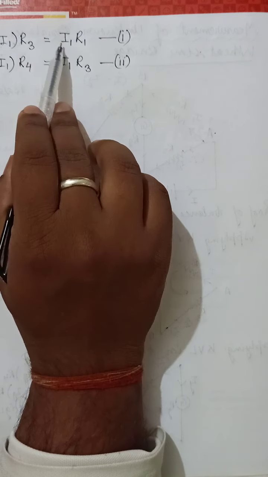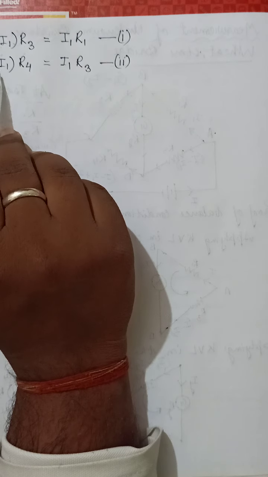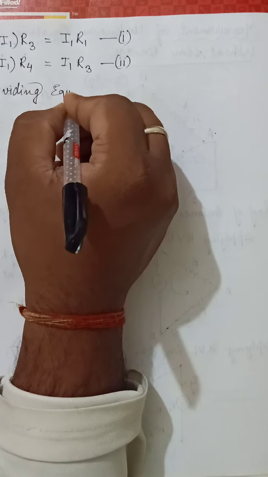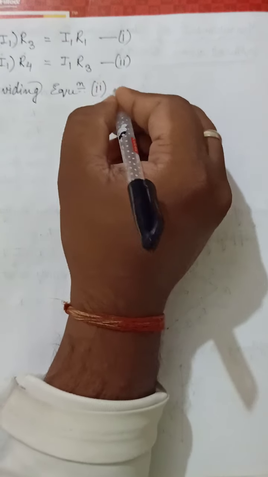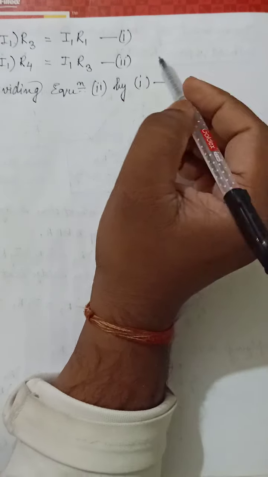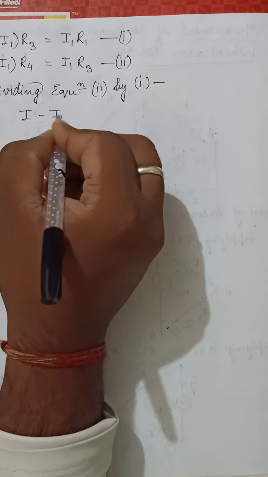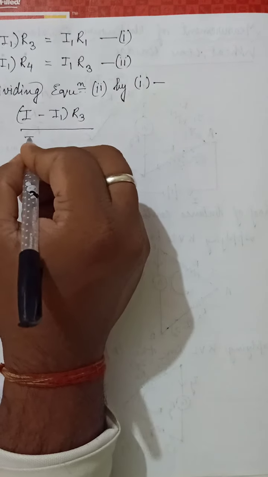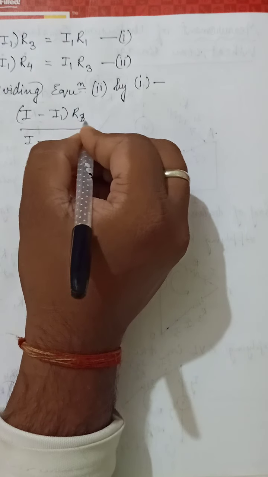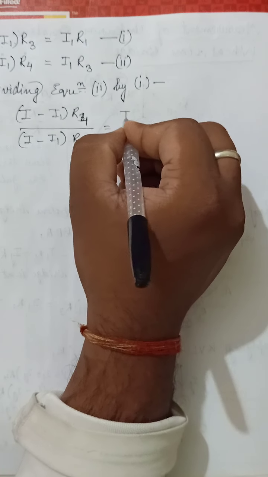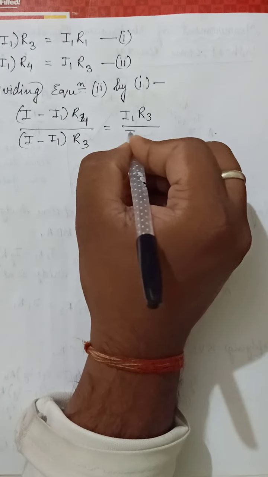So we have got two equations. First equation, I minus I1 into R3 equals I1 R1, and second equation, I minus I1 into R4 is equal to I1 R2. Now if we divide equation 2 by 1, we are getting I minus I1 into R4 divided by I minus I1 into R3 is equal to I1 R2 by I1 R1.